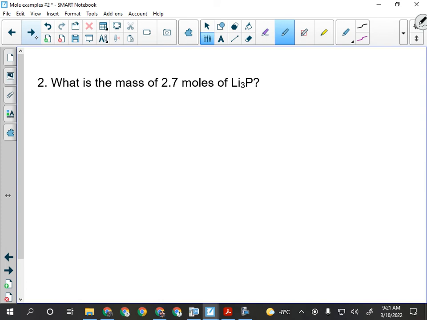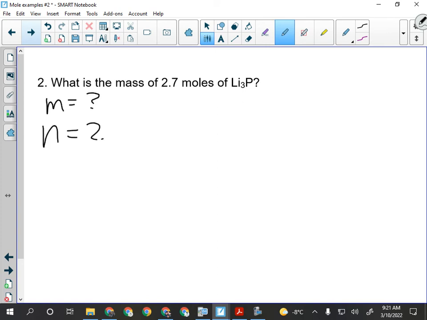Question number 2: what's the mass of 2.7 moles of lithium phosphide? We are looking for little m this time. They tell us n is 2.7 moles, and the material is lithium phosphide.